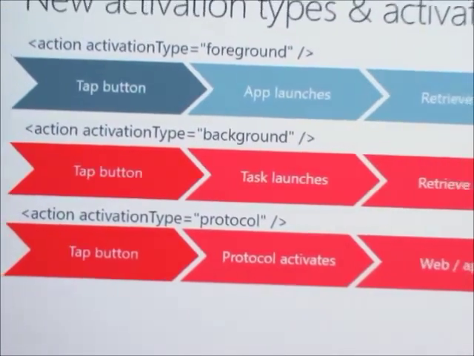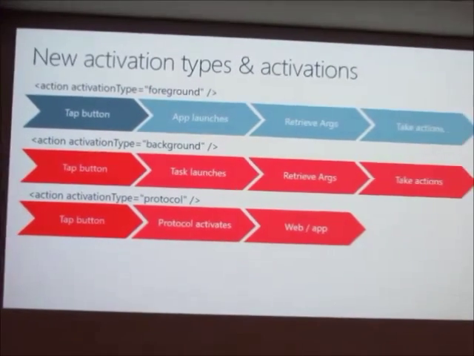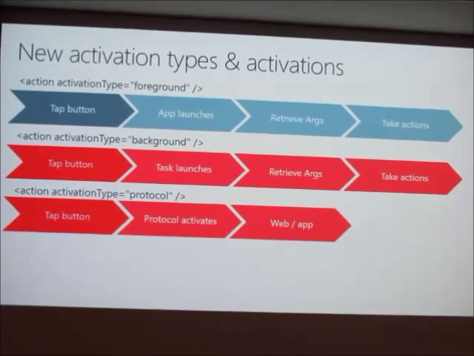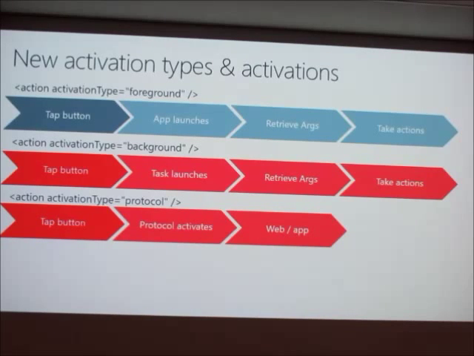So there's a whole bunch of things that you can do with protocol. Okay? Any questions about that? It's a little complicated, and I know that I'm sort of fluffing over it, but it does a lot. There's a lot that you can do with it.